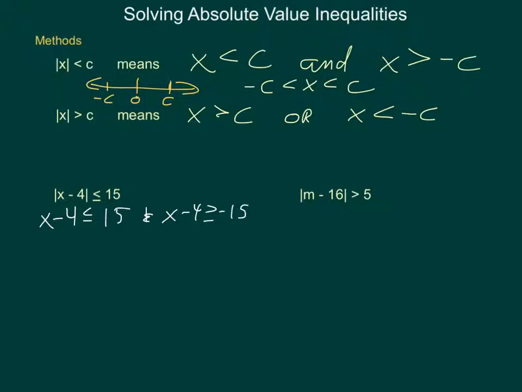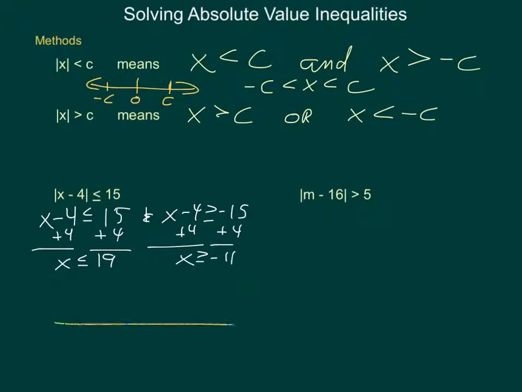Now solve this. I'm going to add 4 to each side of the first one. I have x is less than or equal to 19. Second one, I'm also going to add 4, and I'm left with x is greater than or equal to negative 11.